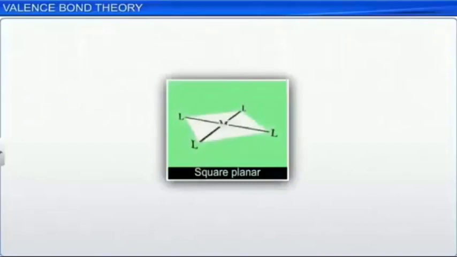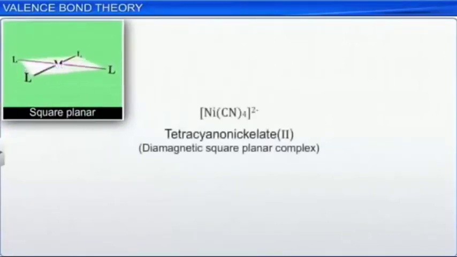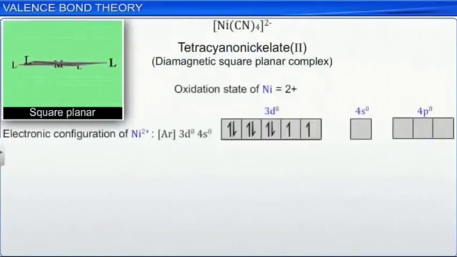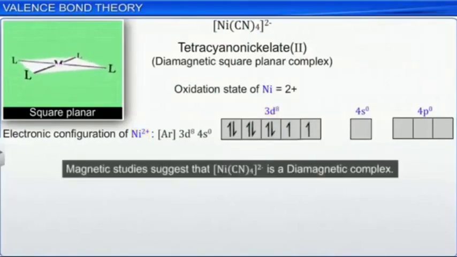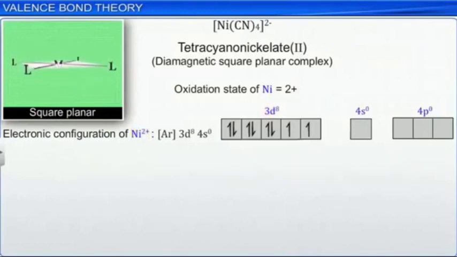Now, let us examine a diamagnetic square planar complex, tetracyanonickelate 2. In this complex, nickel is in +2 oxidation state and has the electronic configuration of argon 3d8. Magnetic studies suggest this to be a diamagnetic complex. This is possible only when the 2 unpaired electrons in the 3d orbital get paired up.